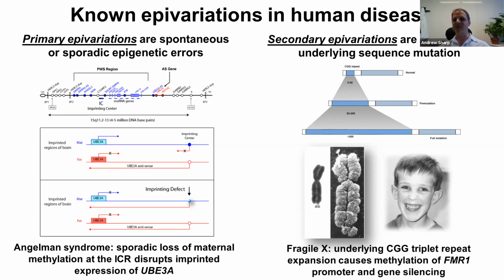And just as an interesting sidebar, Fragile X is termed Fragile X because way back in the days of cytogenetics, this disease was diagnosed by culturing cells from a patient you suspected might have this disorder in a medium lacking folic acid.